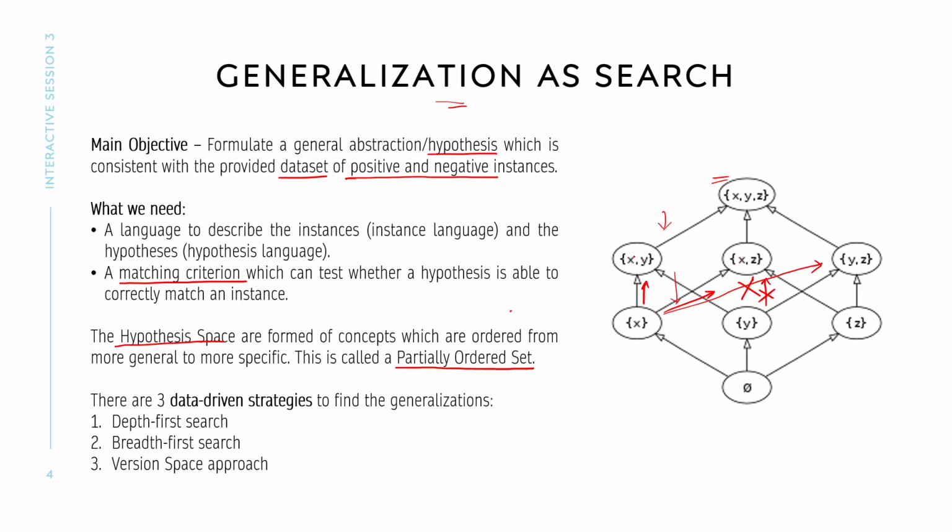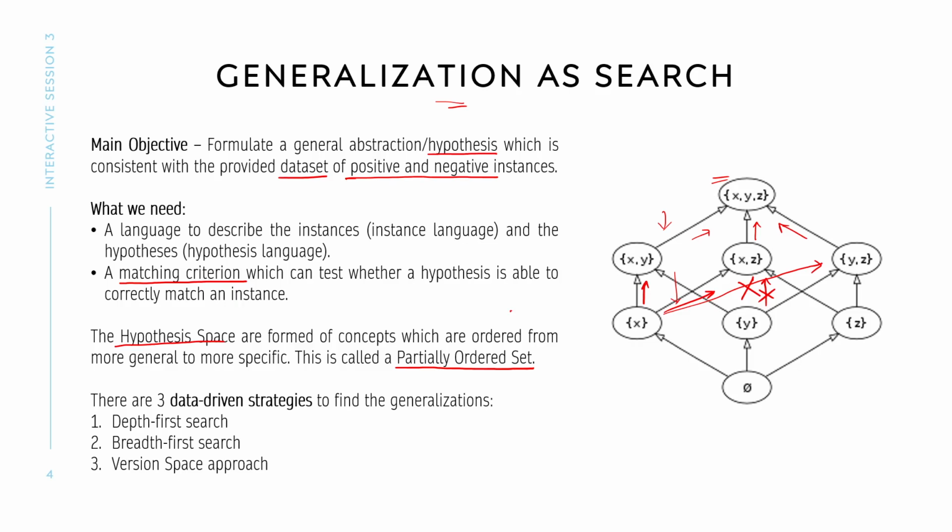All three are connected to xyz, but in the middle, this is what makes this entire set a partially ordered set, right? There are three data-driven strategies to find the generalizations, which were discussed in the lectures. One is depth first, then breadth first, and the version space approach, right? So, a moment.